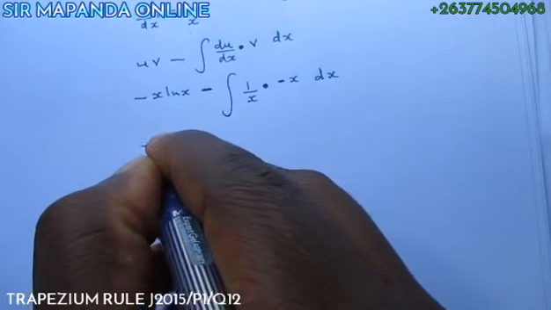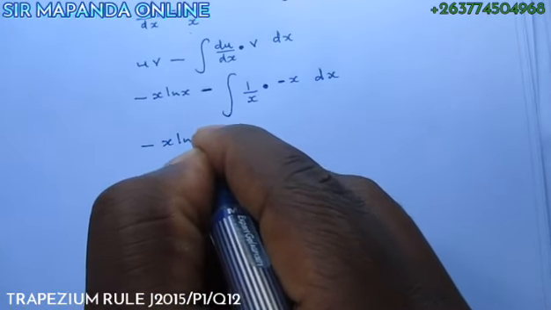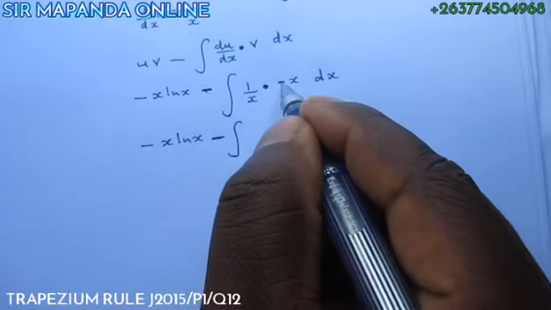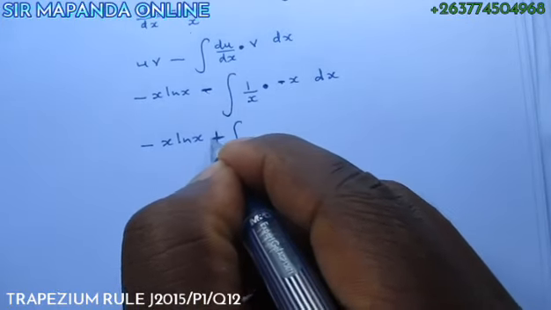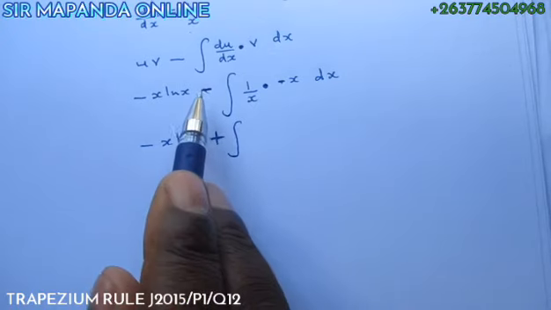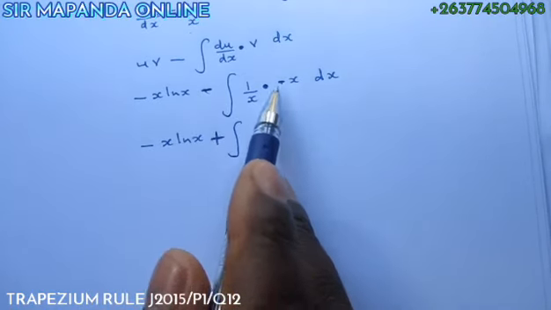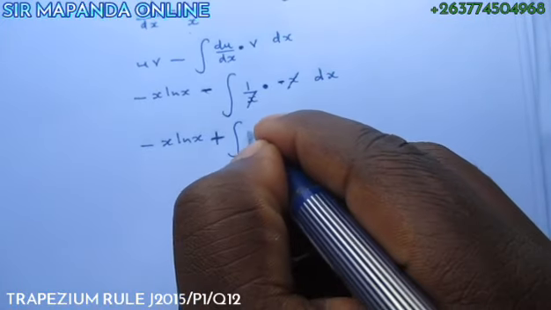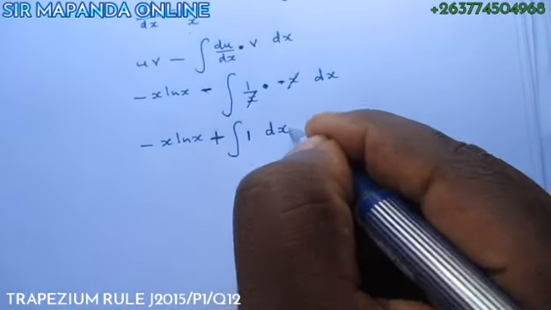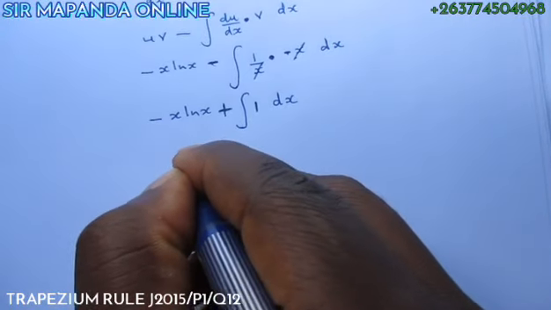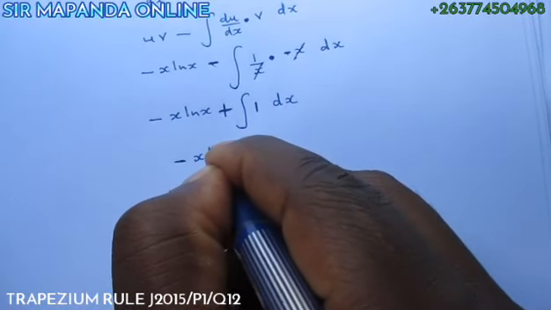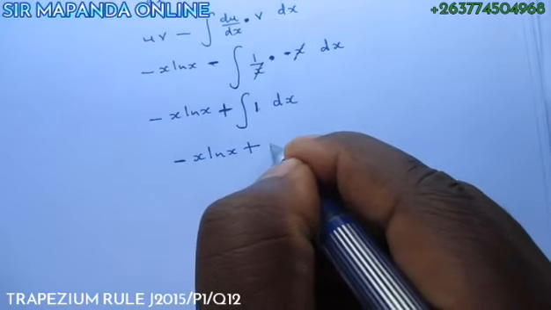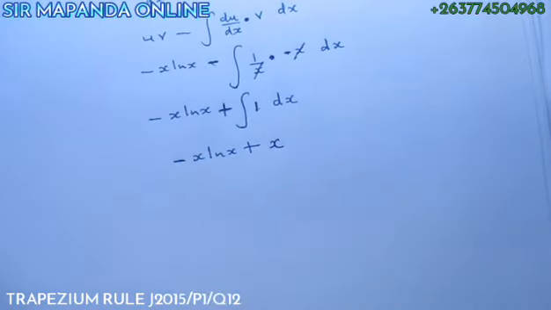So you get minus x ln x minus. Minus and minus, they give you plus. So I'm now writing a plus, since the minus outside the integral and the minus inside give you a plus. Then x and x cancel off each other, leaving you with the 1 inside. You get minus x ln x plus the integral of 1, which is x. You put x. I hope you are following.